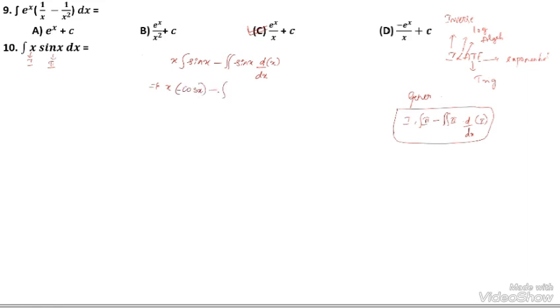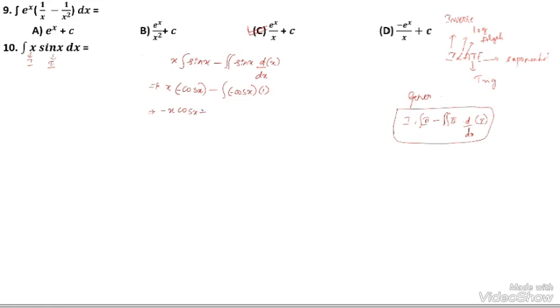Minus of, again, integration of sin x will be minus cos x and another integration remains same, and differentiation of x with respect to x is 1. Therefore, x into minus cos x, that is x minus cos x. I can take minus as a common.